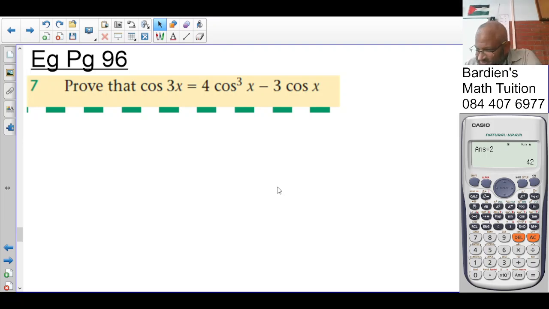People, in example 7, we are to prove that cos of 3x equals 4 cos cube x minus 3 cos x. What is this to us? An identity. So can I take things over the equal sign? No. Expansion is always easier than factorizing, than reduction.